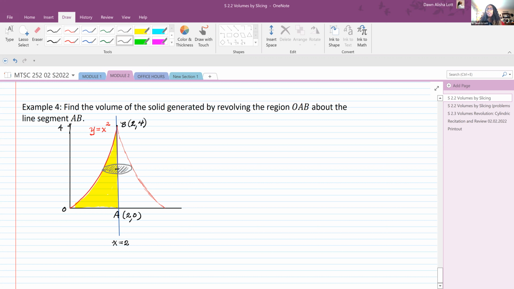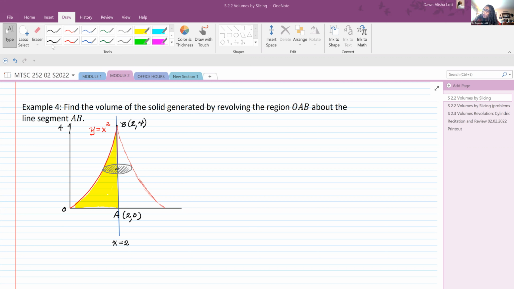Once I do that, I know I'm doing the volume by disc method because I see the disc. I also know that the disc goes from here, from the ground all the way up. So it's going to start at 0 and go all the way up to the very tip.